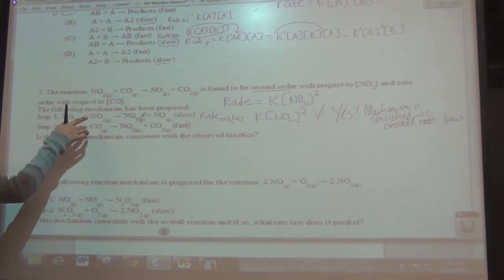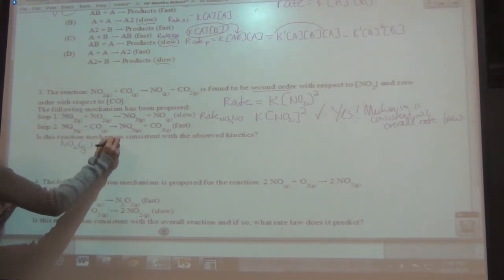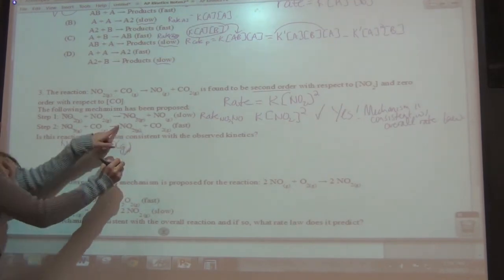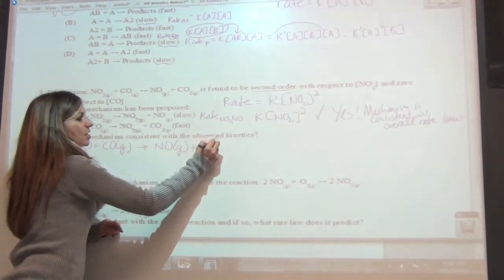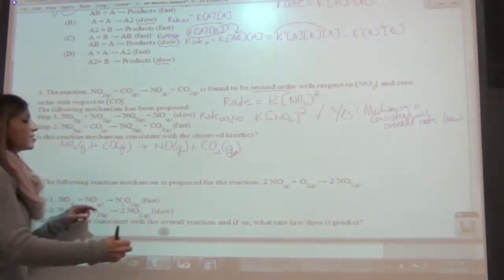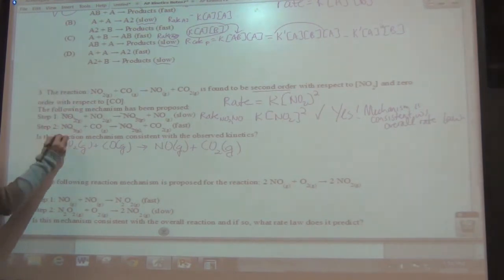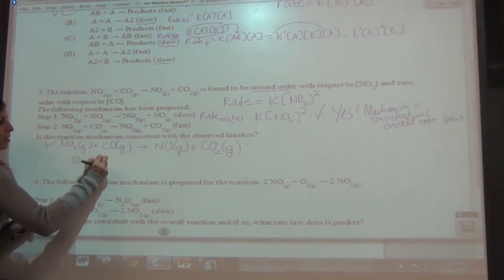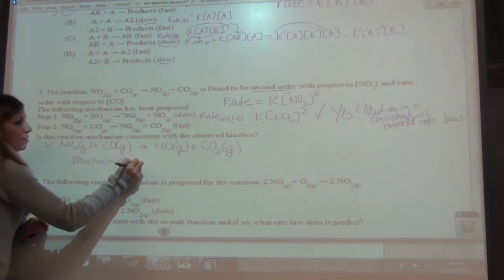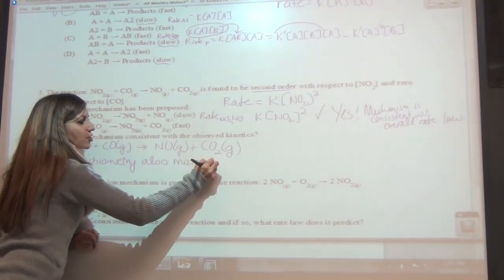No. So if I were to rewrite this, I would write NO2 gas plus CO gas, then my arrow, yields NO gas plus CO2 gas. Does my stoichiometry check with the reaction as it's written? Yes. Okay. So you would say that the stoichiometry also matches the reaction that's written.